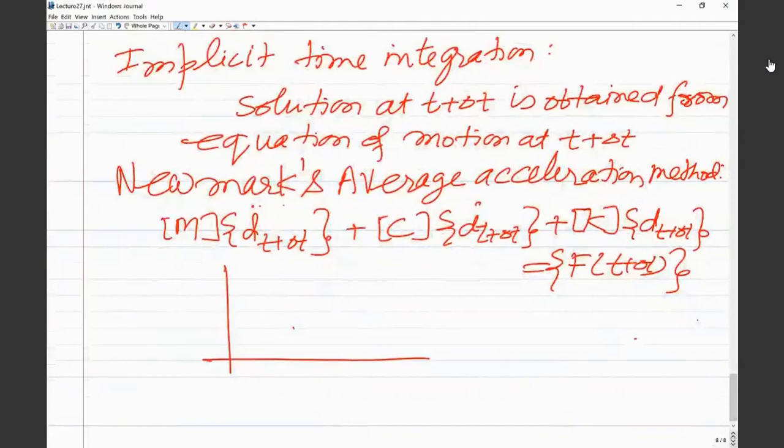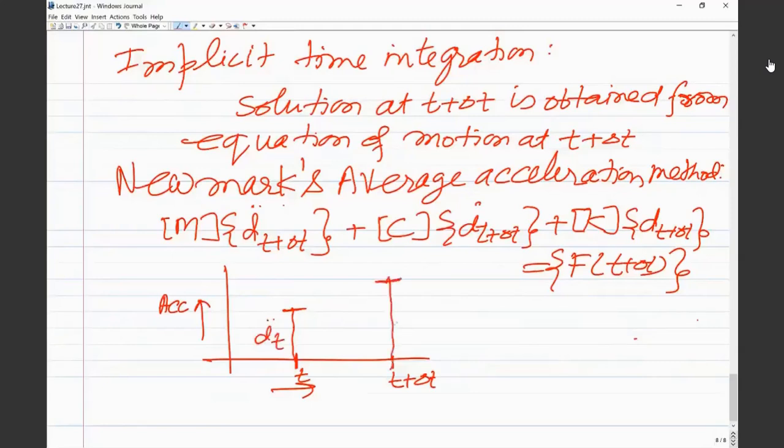Now in the Newmark's, as I said, it's an average acceleration approach. If you look at acceleration here and time here, let us say we have time t and then t plus delta t. We would have solved the problem up to t. At t you have some acceleration, d double dot at t, and then at t plus delta t you have another acceleration, d double dot at t plus delta t.